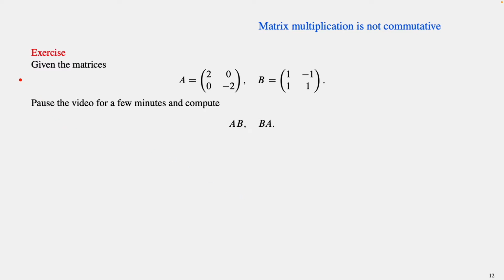And for this, I have a little exercise for you. You have two matrices here. The matrix A with entries 2, 0, 0, minus 2, and the matrix B with entries 1, 1, minus 1, 1. Now pause the video for a moment and compute the two matrix products A times B and B times A and compare them.